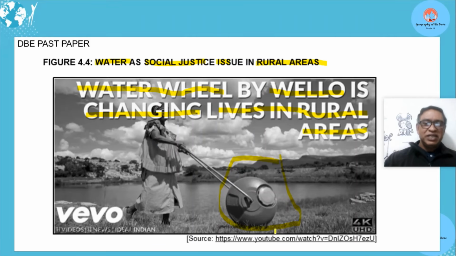It looks like a little tank or drum, but it's a container, and we can work out that it's holding water. Somebody's pushing it, so it seems to be a bit more convenient. Remember, we spoke about people carrying water in buckets. This looks like a larger container, and they're able to push it. So it seems like a solution, isn't it? You can put a large amount of water and you don't have to carry it, like the older ladies or older men. I don't want to be a chauvinist, men or women.